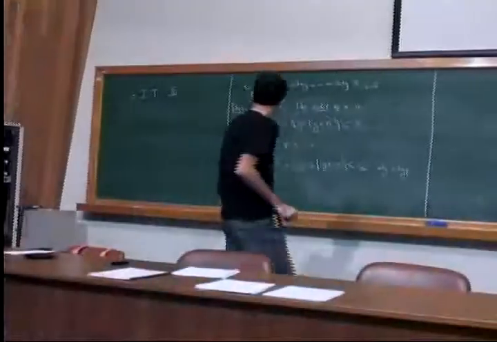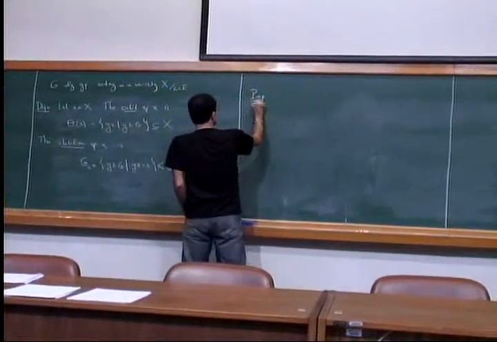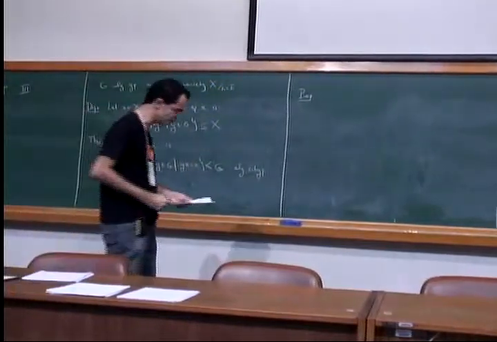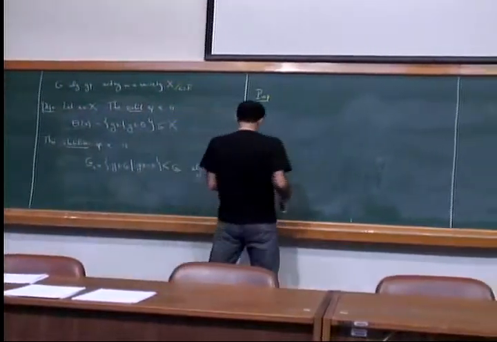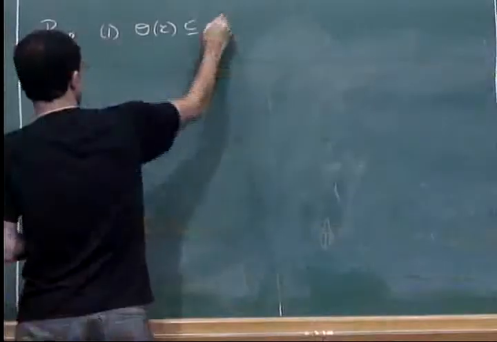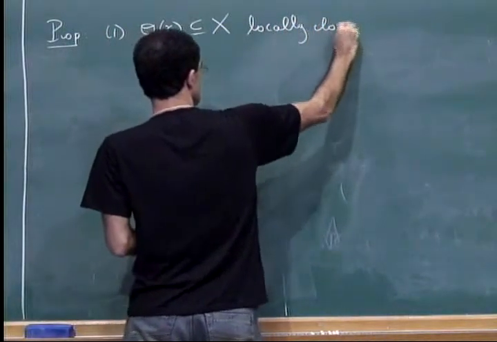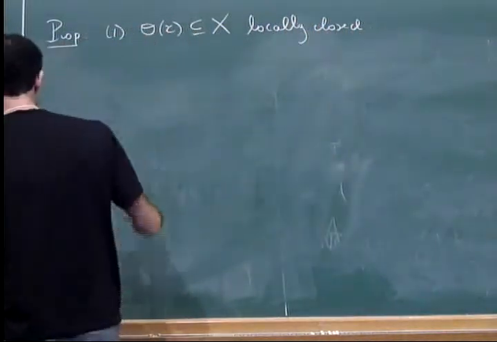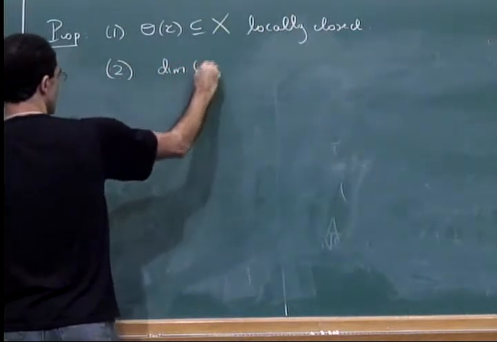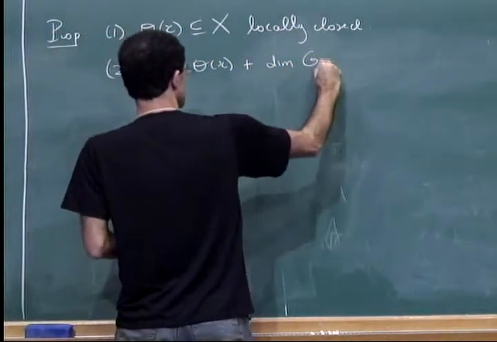Okay, so of course there is a connection between stabilizer and orbit, and their dimensions are related. So, proposition: in this general setup, we have, one, that the orbit is locally closed, as I mentioned. Two, the dimension of the orbit is complementary to the dimension of the stabilizer.